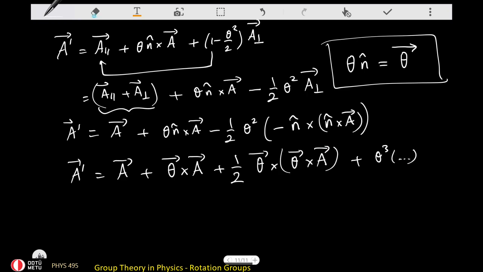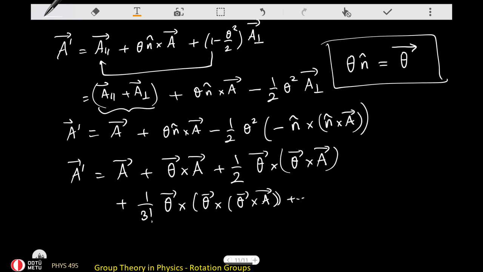Now it appears that you can do this actually. You can also compute these higher order terms. So it appears that the next term would be 1/3 factorial times theta cross A.